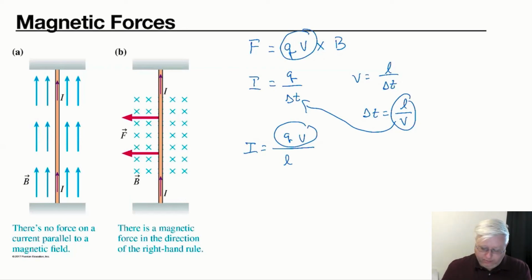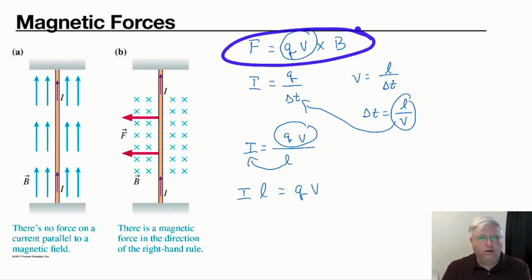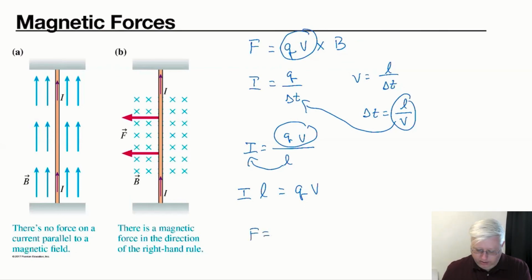If we move the L over here, then we have IL, so the current times the length is equal to the charge and the speed of the charge. If those two are equivalent, then we can rewrite our original force equation as IL cross B. And that's how we would determine the force on a current carrying wire.